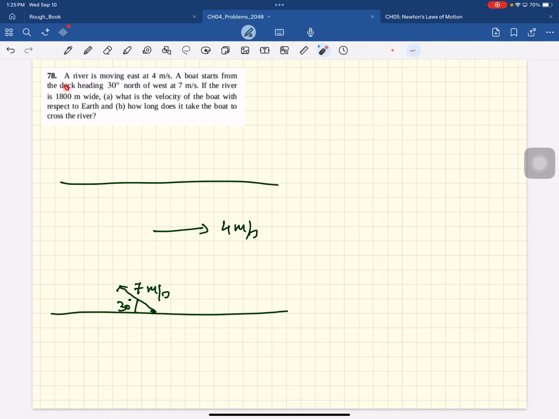If the river is 1800 meters wide, so a little over a mile wide, what is the velocity of the boat with respect to the earth, and how long does it take the boat to cross the river?